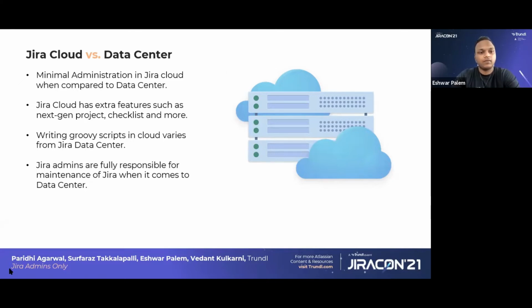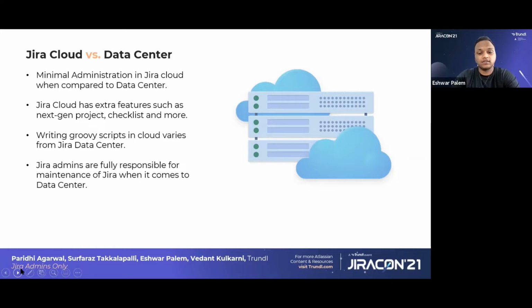Again, Jira Cloud has extra features such as next-gen projects. Since Atlassian announced that Jira Server is going to be discontinued, Cloud has been getting upgraded day by day, and we're getting all the new features. It could be the next-gen project or the checklist.